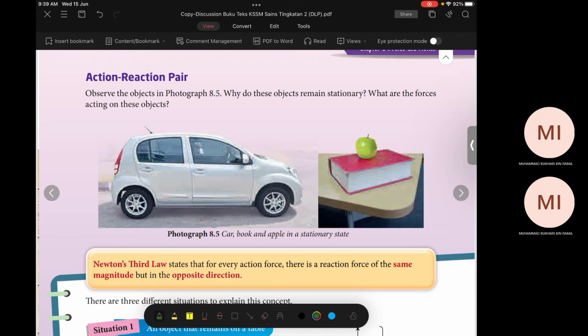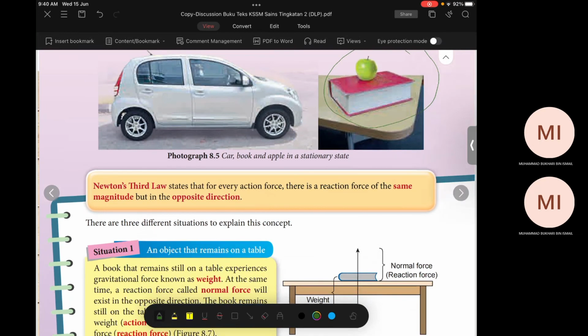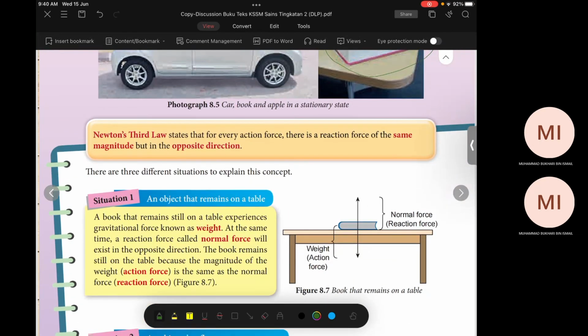You can see the car there. It remains stationary, right? It is not moving downward or upward. Why? What are the forces acting on these objects? You can see the apple and the book. They are also stationary.